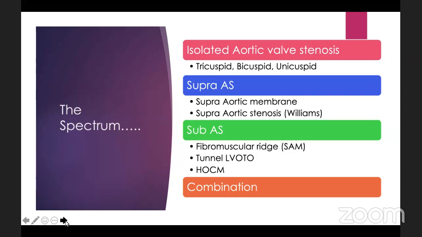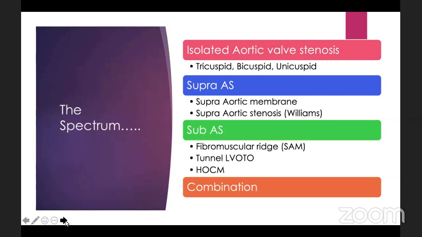It can also be at the subvalvular level due to a fibromuscular ridge, or what's commonly known as SAM in the congenital world. It's different from the SAM in the adult hypertrophic obstructive world. SAM is subaortic membrane, not systolic anterior motion. And it's a term that's frequently used to describe a fibromuscular ridge under the valve.